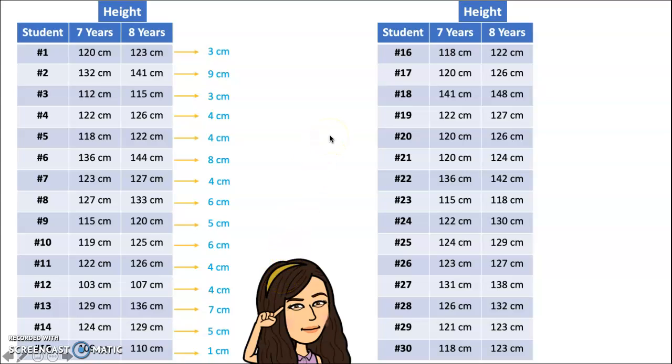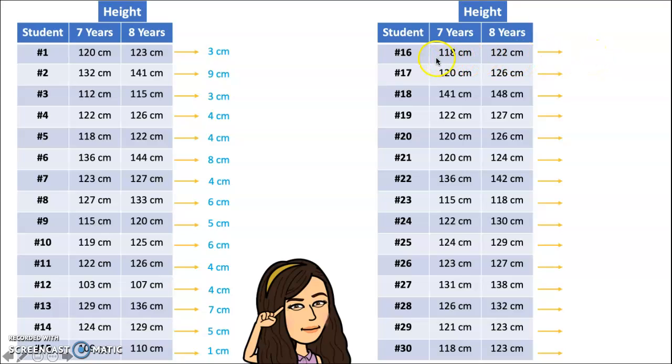But what I want you to do is I want you to pause this video in a moment. You are going to get a piece of paper and a pencil, and you are going to do the same thing on this side. You are going to figure out how much taller students are now.